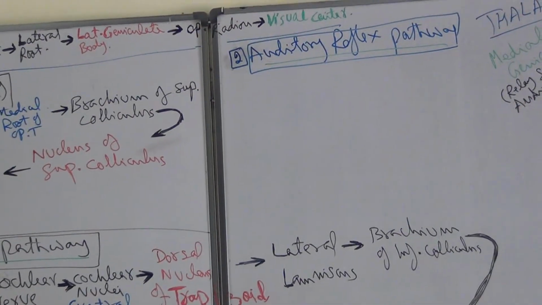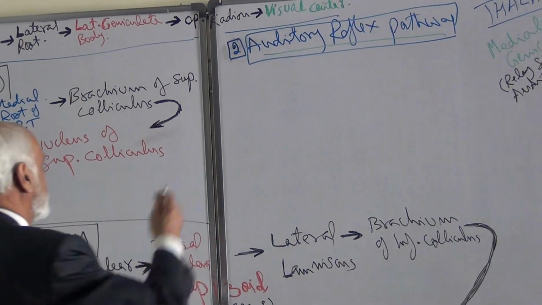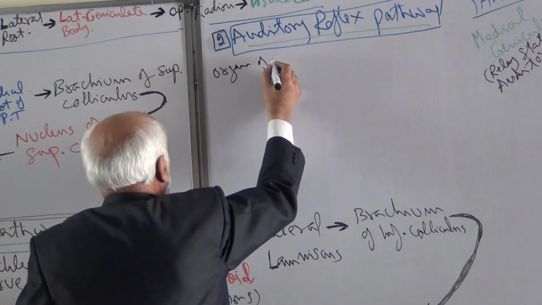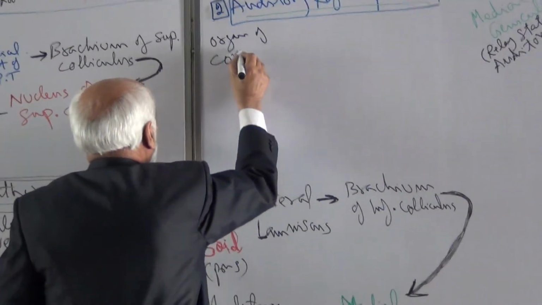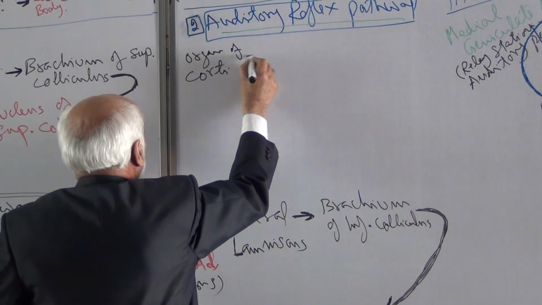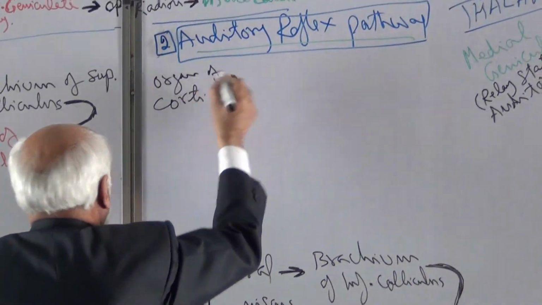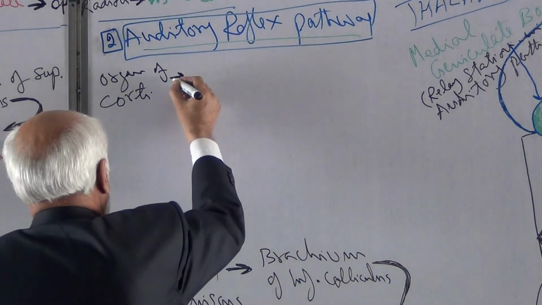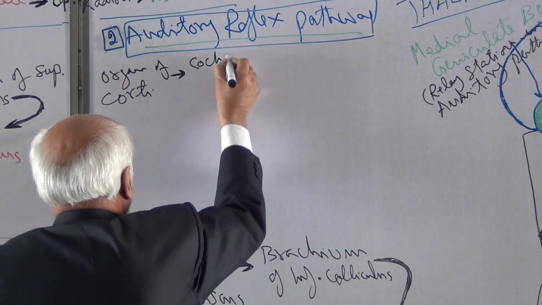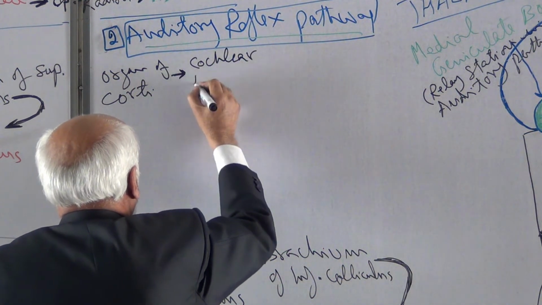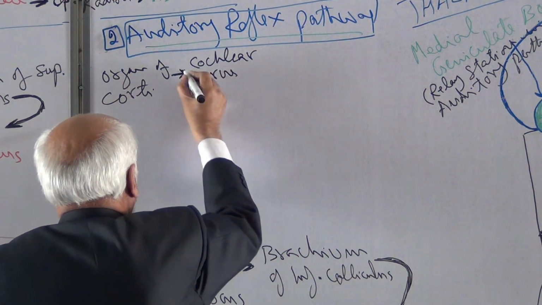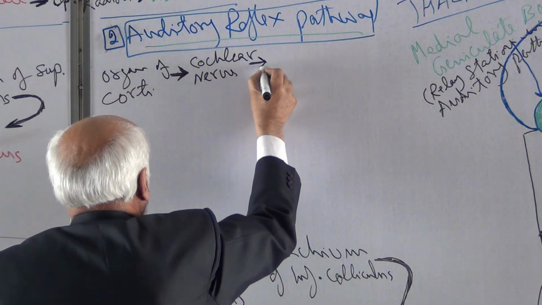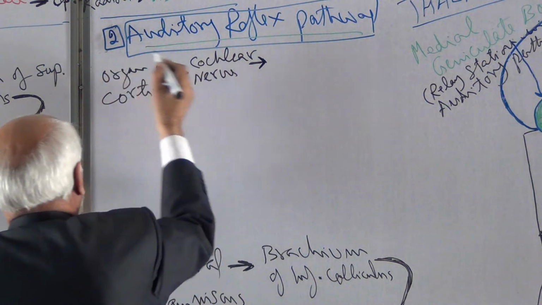So what is the auditory reflex pathway? Initially, it is the same, that is, from the organ of Corti of the internal ear, impulses pass through the cochlear nerve. Then the dorsal nucleus of the trapezoid body.